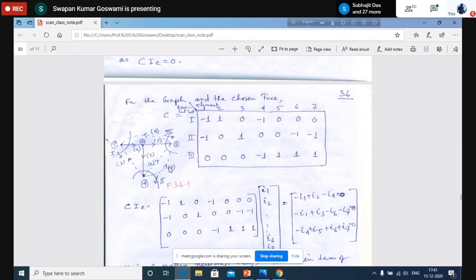Element 7 is present in two cut sets. The direction of element 7 is opposing the direction of cut set 2. It is in the same direction as cut set 3, so it is -1. So this is how the matrix C is formed, representing the incidence between the basic cut sets and the elements of the graph.